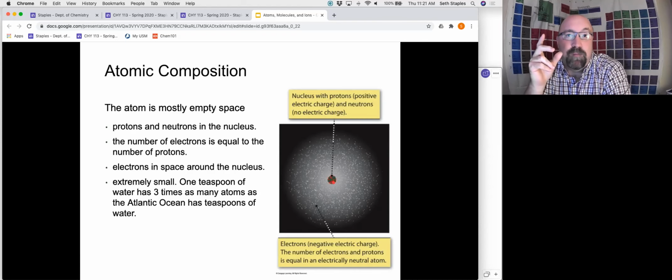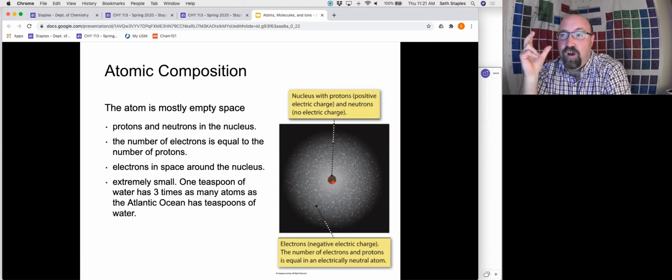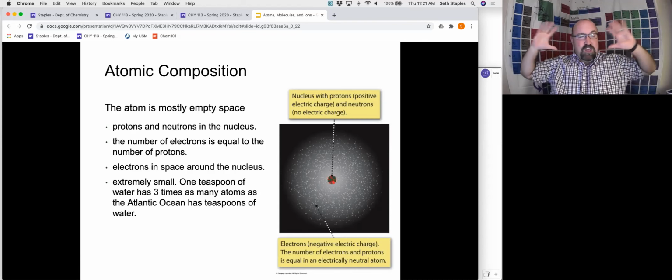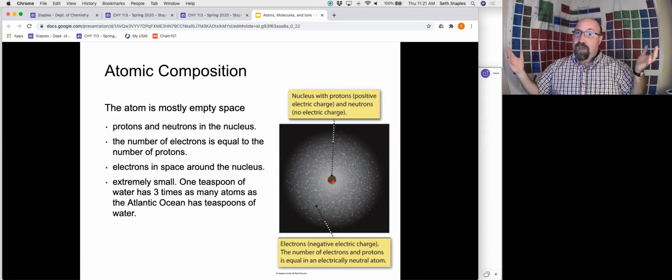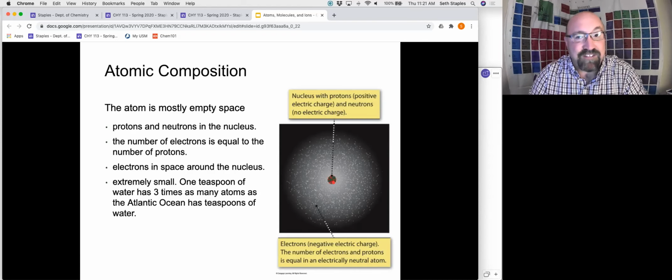That's really what we mean, that when we look at the size of an entire atom, the nucleus is a tiny little spot just in the center, but that's where pretty much all of the mass is. And then our electrons are all zipping around in a huge space in comparison, a huge space outside. And so that's our basic structure of an atom. Our protons and our neutrons in the middle, and our electrons zipping around in a huge area outside of that.